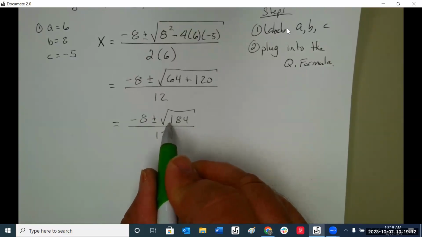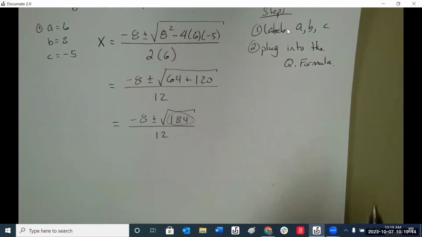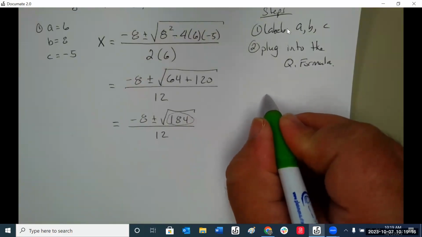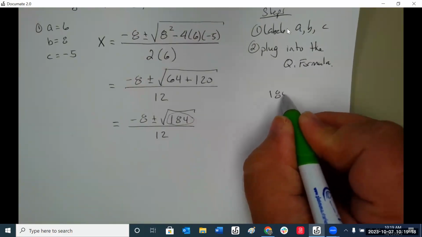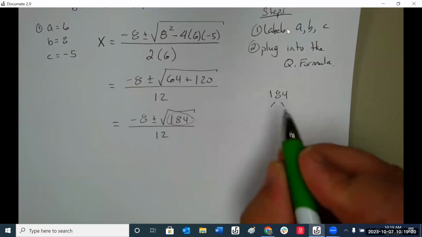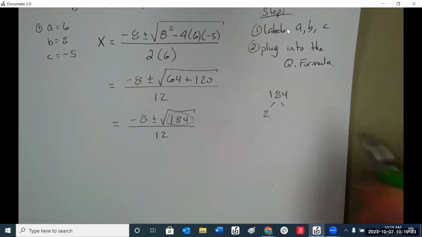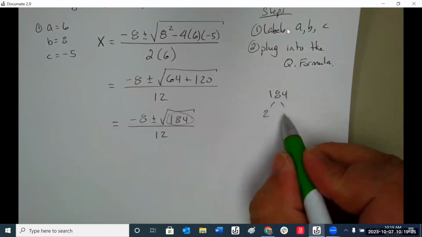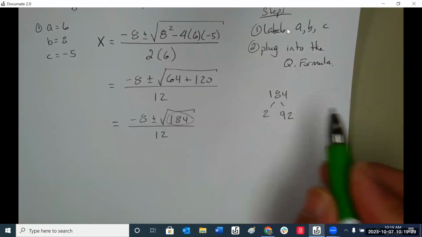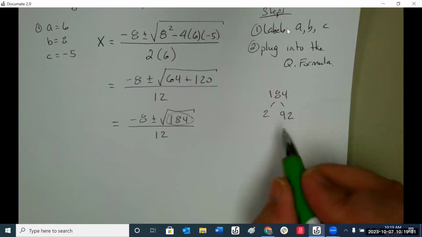At this stage, let's see what 184 breaks down into. Since it's an even number, we know 2 goes in there. 2 goes into 18 9 times. 2 goes into 4 twice.